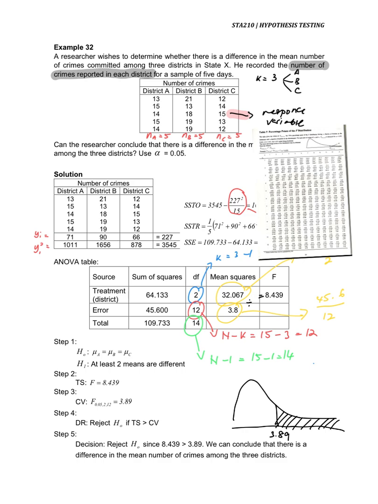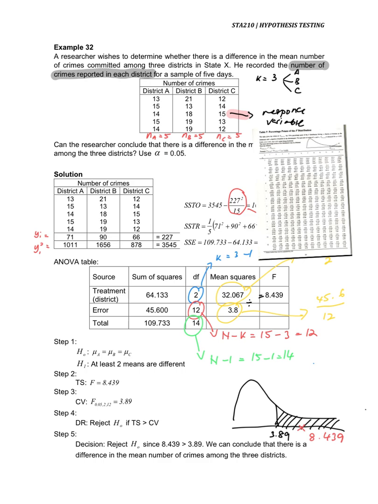And then we get the value for F calculated, which is 8.439, so meaning that it falls in the rejection region.